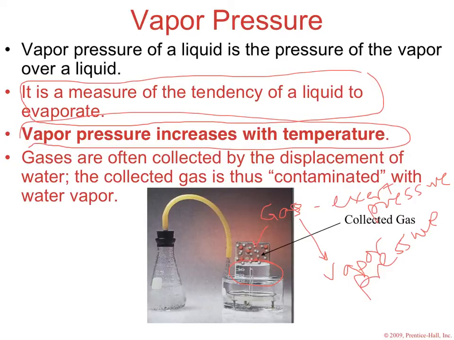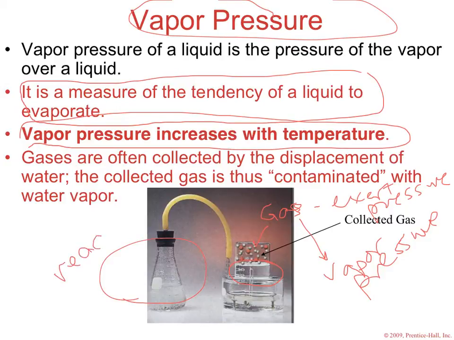All right. Why are we even learning about vapor pressure? Well, it has to do with gases, but the most common place you will use it in this chapter is, let's say I'm doing a chemical reaction in this Erlenmeyer flask, and this chemical reaction generates a gas, and I want to trap this gas.